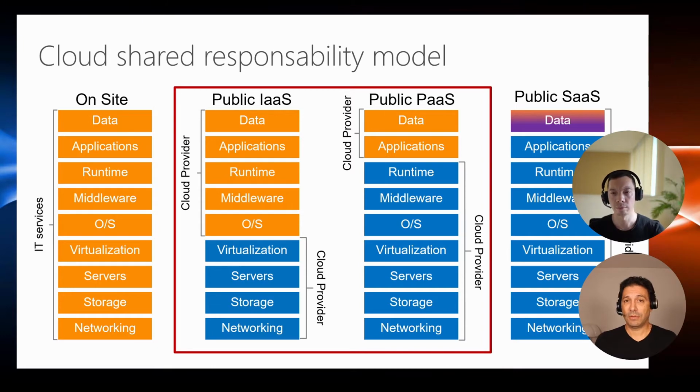If you are using infrastructure as a service, the responsibility of the cloud provider will stop at the layer of virtualization. That means that everything that is running inside your VM will be up to you to manage. And in a public platform as a service, a lot of parts of the service will be managed by the cloud provider, and you will just add your application and your data.